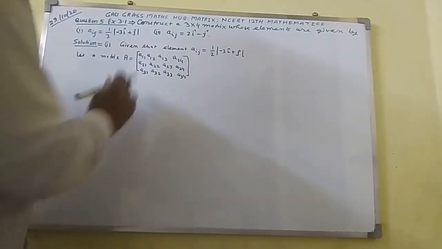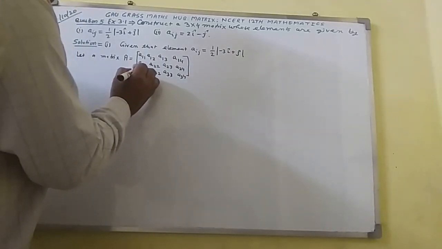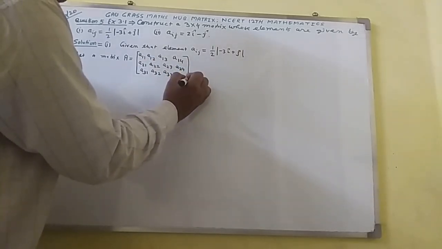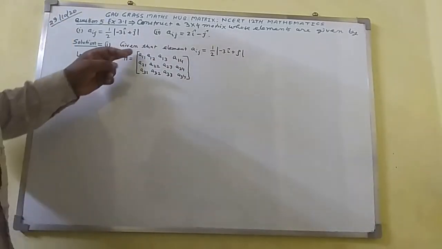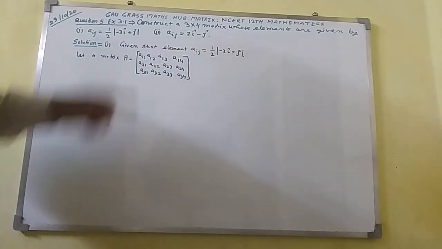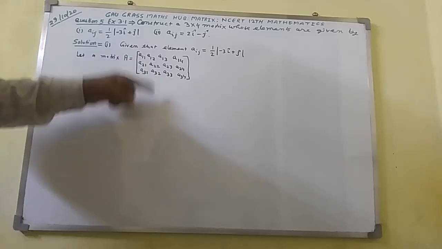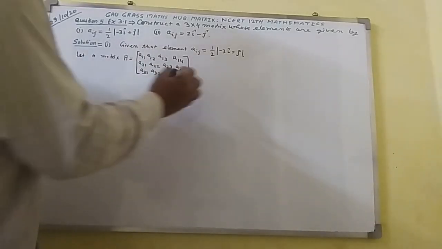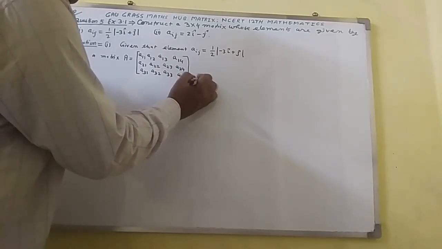Closing of square bracket I have done like this. So here you can see first row, second row, third row, and first column, second column, third column, fourth column. That's why this matrix is of order 3 cross 4.